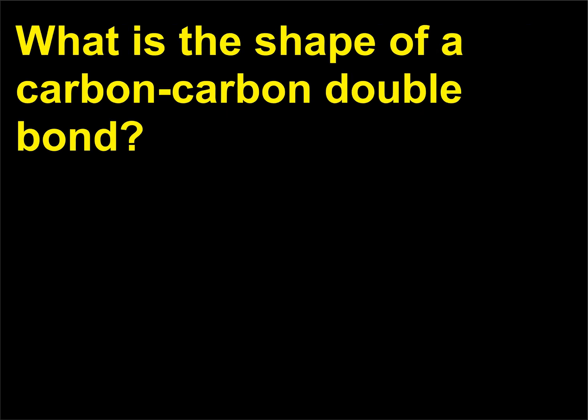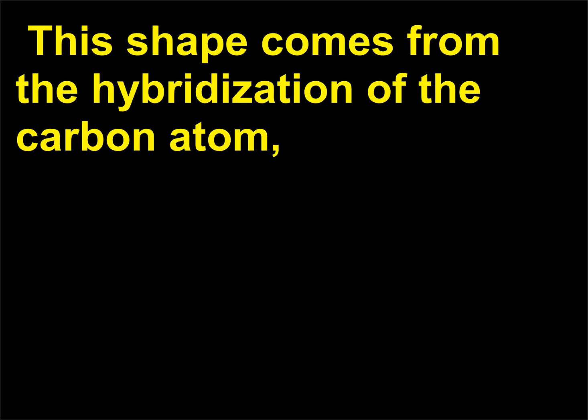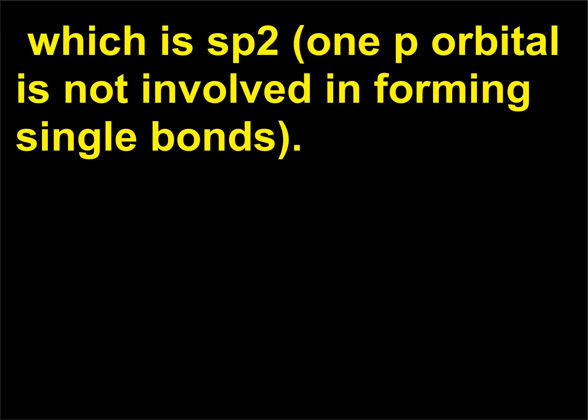What is the shape of a carbon-carbon double bond? The geometry of the carbon atoms in double bonds is planar. This shape comes from the hybridization of the carbon atom, which is sp2, so one p orbital is not involved in forming single bonds.